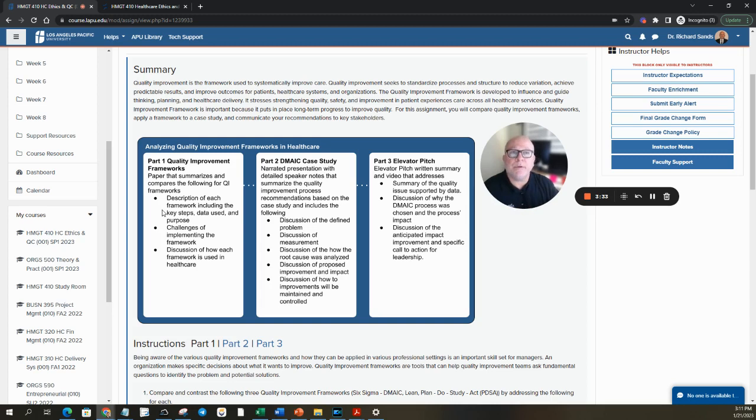So that framework is very intense. It takes a lot to do a DMAIC project, and when done correctly, the results are great. But if you don't have leadership support, if you don't have the proper resources, if you don't have the data needed, then your Six Sigma project is going to fail.